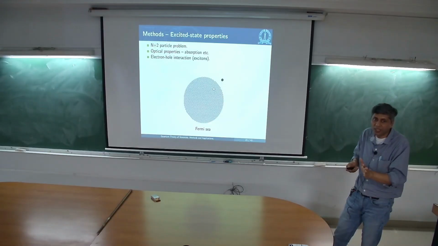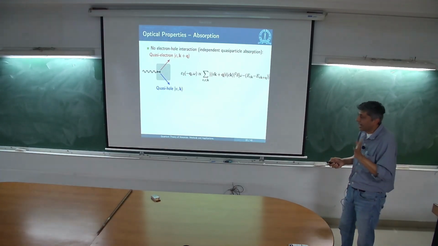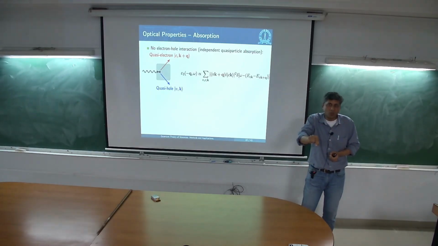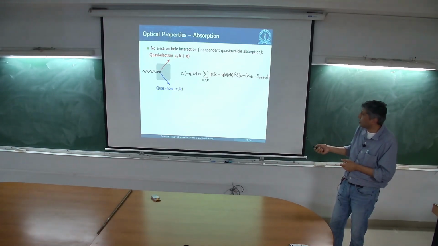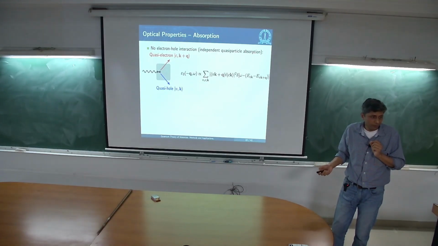So what I'm going to be talking about is what is called the Bethe-Salpeter equation. The idea is the following. Imagine I shine light on a material. When I shine light on the material, I create an electron and a hole. I create a quasi-electron and a quasi-hole, right?